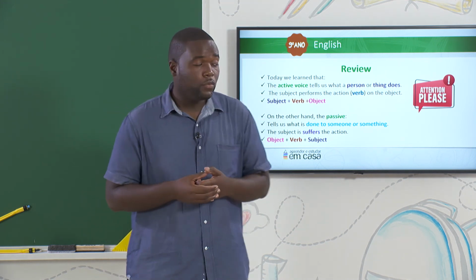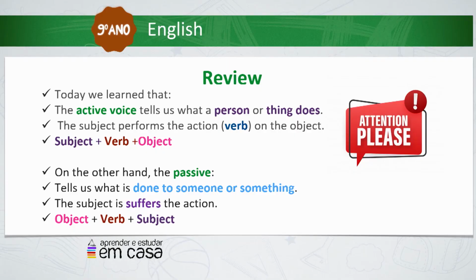So in today's lesson, we learned that the active voice tells us what a person or thing does. That means that the subject in an active sentence is the one that performs the action on the object. We also saw that the basic structure of an active voice sentence is the subject plus the verb plus the object. On the other hand, the passive voice tells us what is done to someone or something.